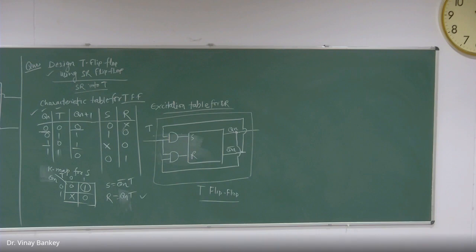Just follow the steps and remember the excitation table, because it is easy to remember the characteristic table, but in the excitation table sometimes you can make mistakes because there are don't cares. So now we'll solve another question.